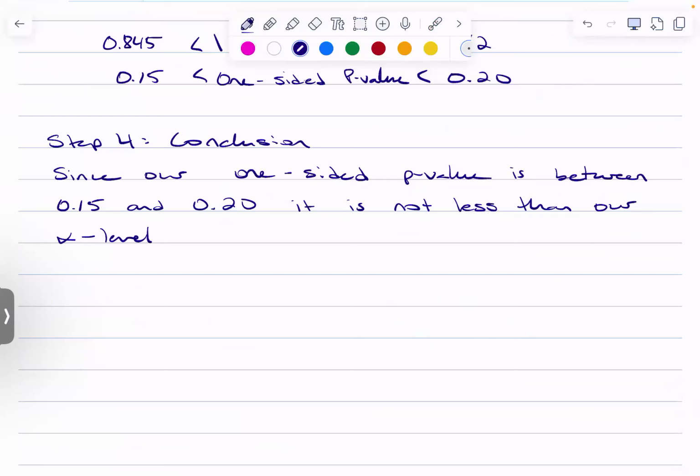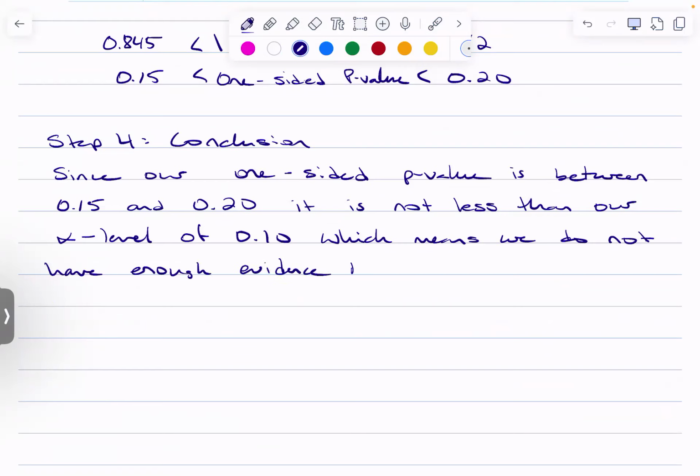Alpha level of 0.10, which means we do not have enough evidence to reject H naught. Notice the symmetry: if it is not less than our alpha level, then we do not have enough evidence to reject H naught.